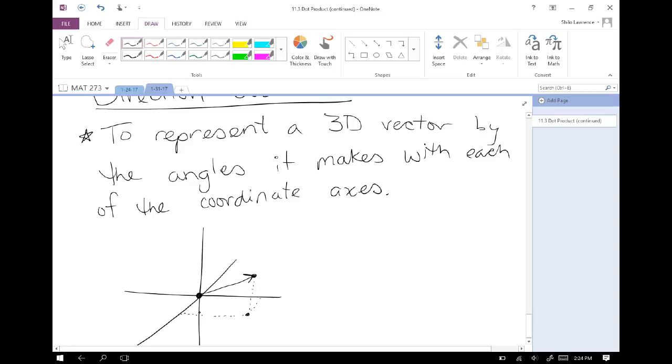We can describe that three-dimensional vector by its endpoint. We can also describe it by the angles that it's making with each of our coordinate planes.